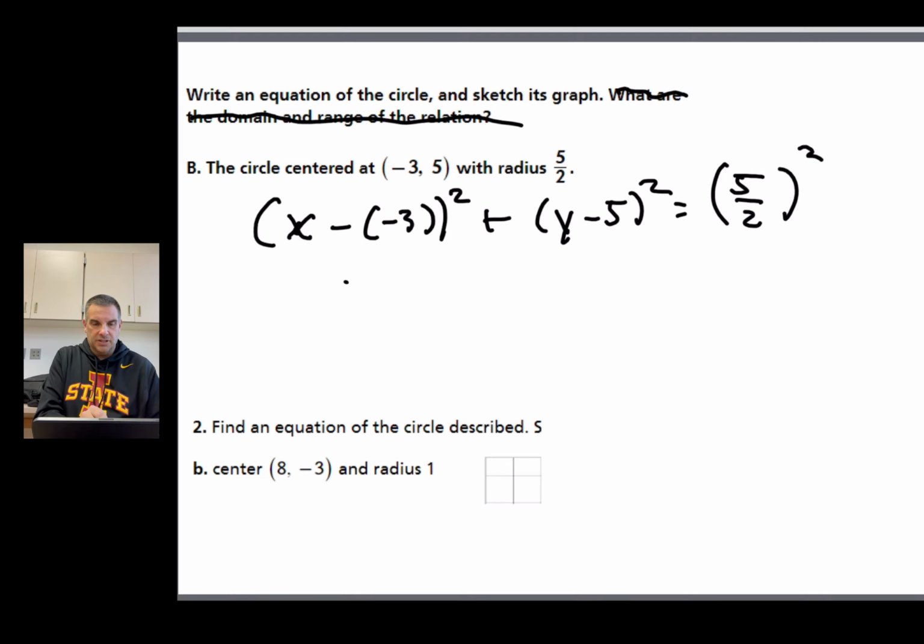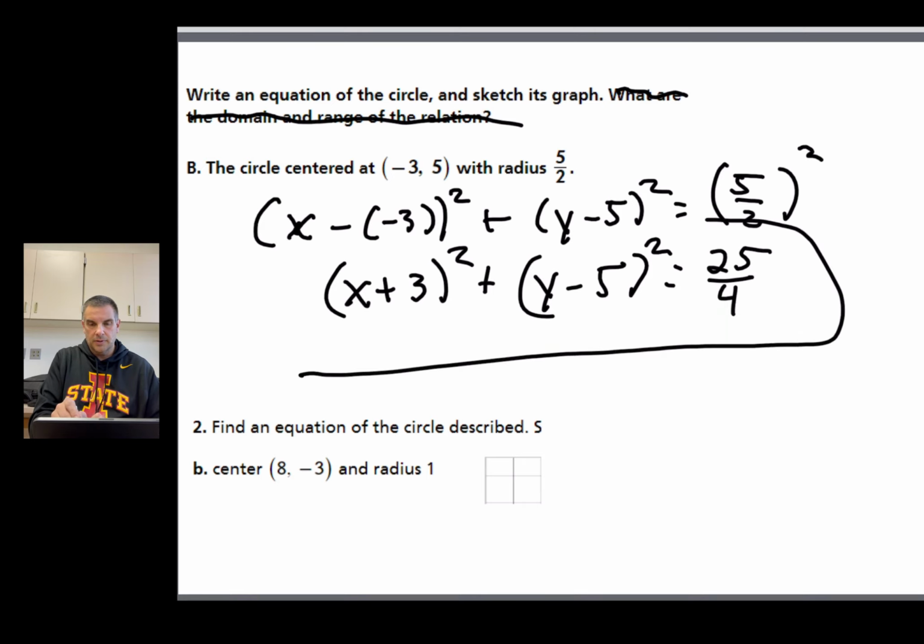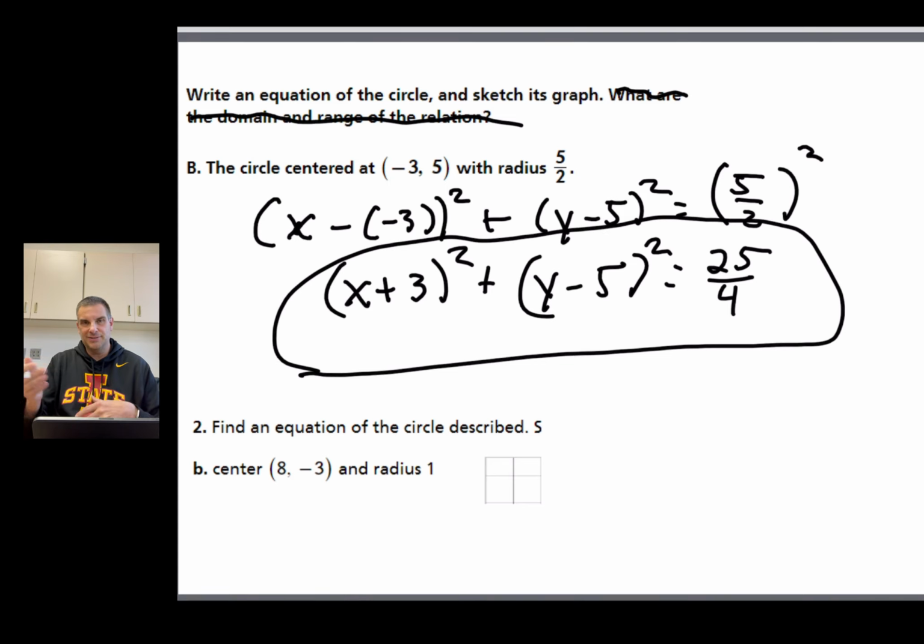So that's (x plus 3) squared plus (y minus 5) squared equals 25 fourths. Done. And there's your solution. Could we sketch it? Sure, whatever.